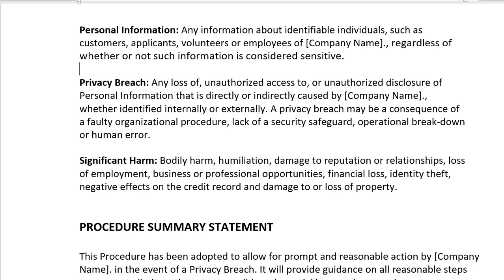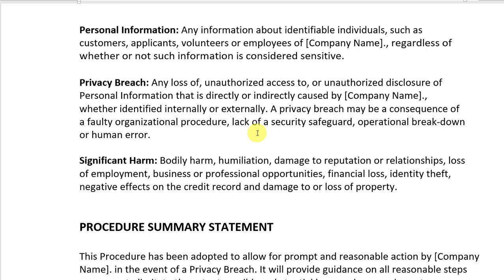A privacy breach is any loss or unauthorized access or disclosure of personal information, either directly or indirectly caused by your company. And so you need to make sure that you capture accurately the nature of the breach and your response.